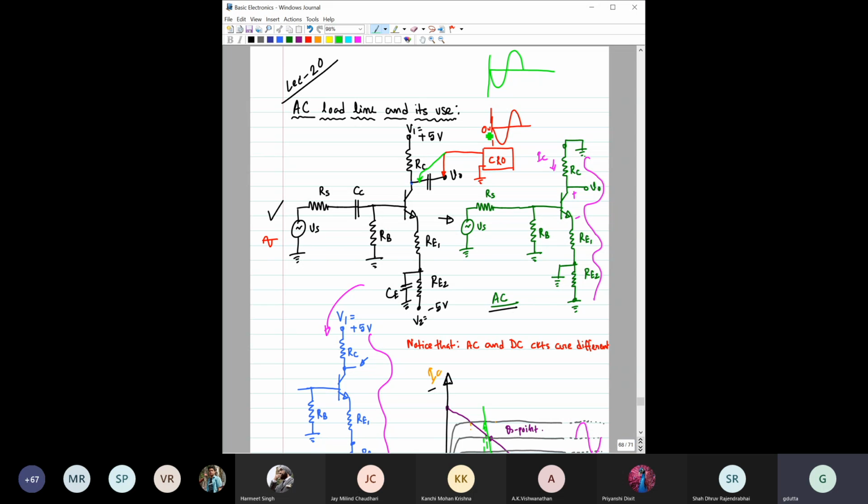But this potential would not be 0 volt, and 0 volt would be somewhere here. And you will get here this VCEQ. Across this VCEQ, you will get both the DC as well as AC from here, if you are probing it from here. But if you are probing after this capacitor, the DC part would be blocked, and you will get only the AC signal.